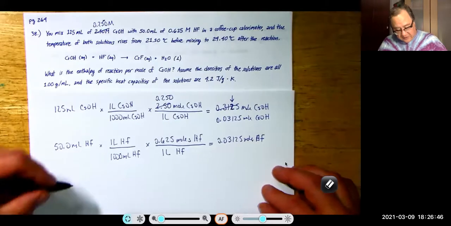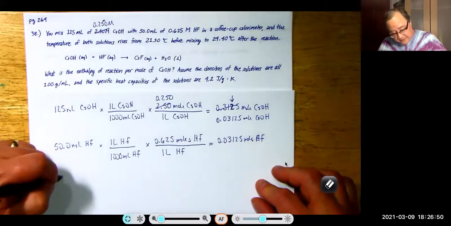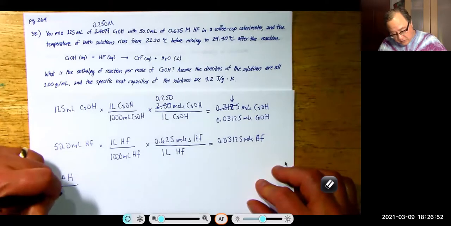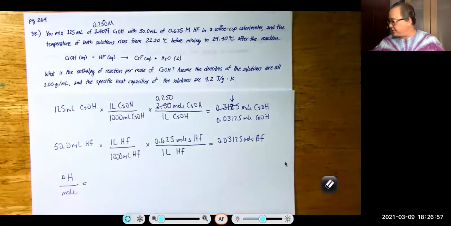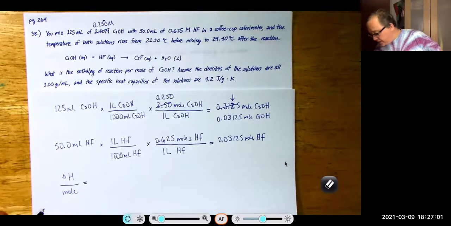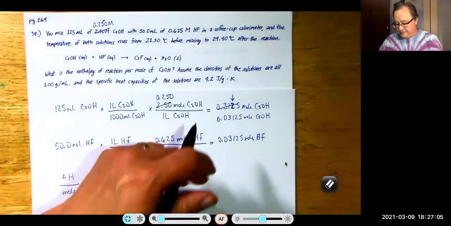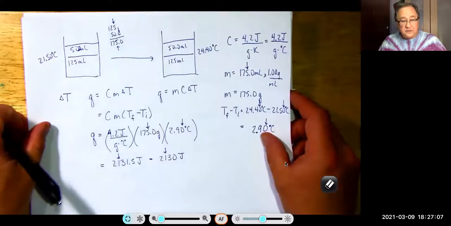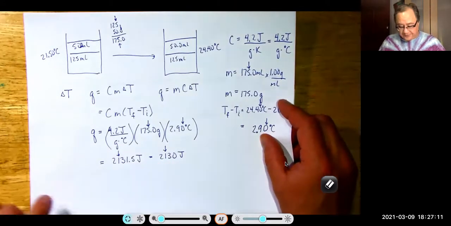So to find out the change in energy, the change in enthalpy per mole, we're going to use our change in energy, which I'm going to have to grab another piece of paper here and show you, or remind you, that the value we got is 2,130 joules.